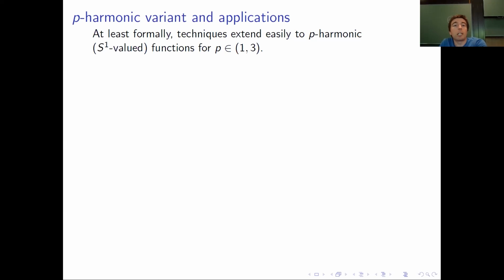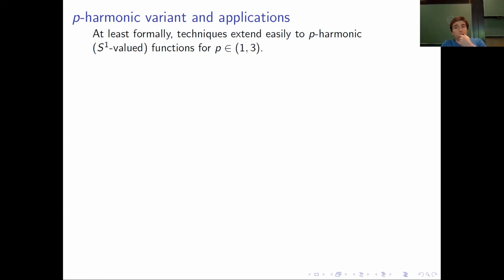So first, we can think about the p-harmonic variant of these computations. So at least formally, right? So in the initial motivation, I mentioned one thing to think about is you have these p-harmonic maps to S1, whereas p goes to 1, they collapse to area minimizing hypersurfaces, right? So at least formally, it's not hard to see that these computations play well with p-harmonic functions.